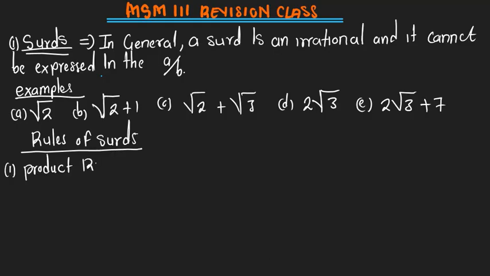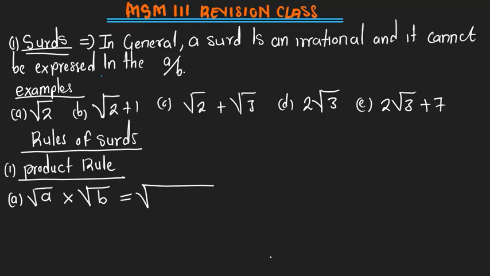Product rule implies that I am multiplying these. Now, how do you multiply SURDS? The first example I'm going to give is this one. If you've got the square root of a, and you are multiplying the square root of a with the square root of b, what you are going to do is to combine the two and multiply them.